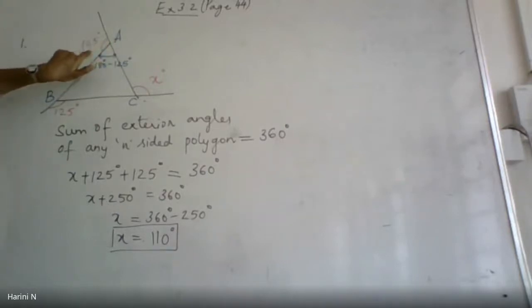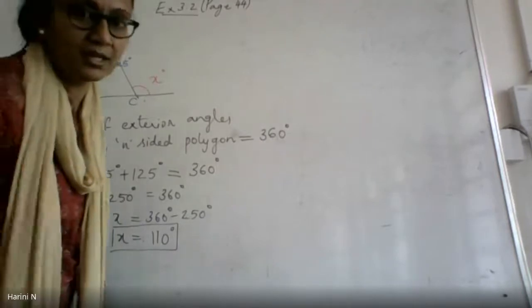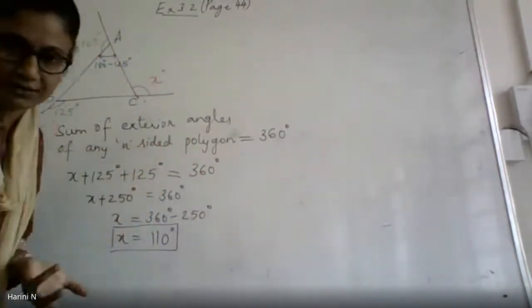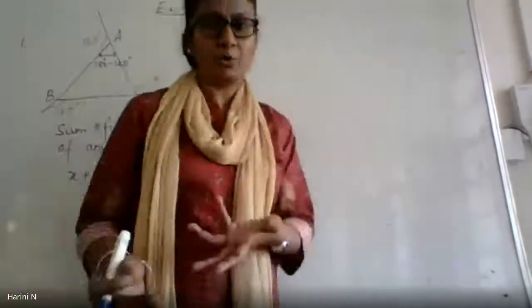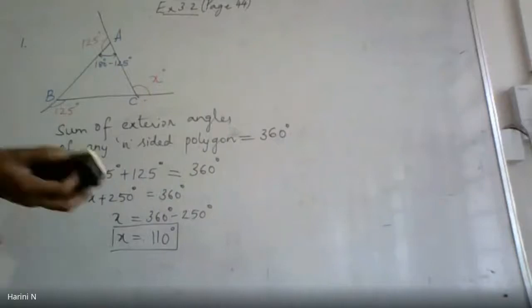If I know the exterior angle, I know the interior angle will be a linear pair to the exterior angle. Similarly, if I know the interior angle, the exterior angle will become a linear pair to the interior angle. This you have to remember. This is the result very frequently we may be using in many more problems that we are supposed to take up. So we will move on to the second one now.